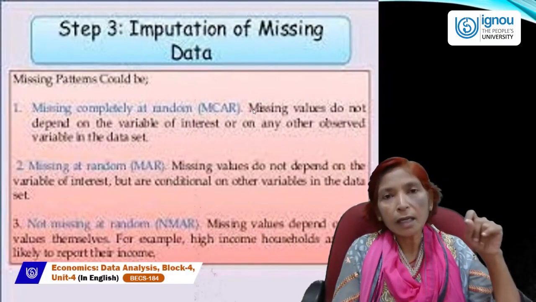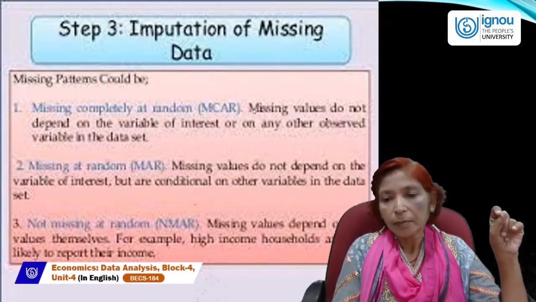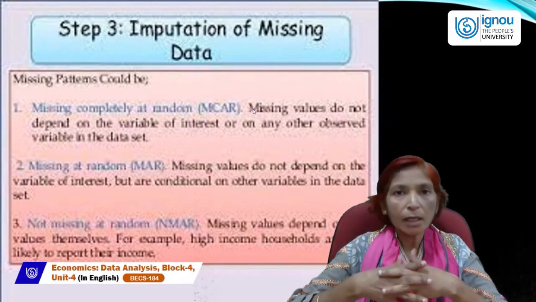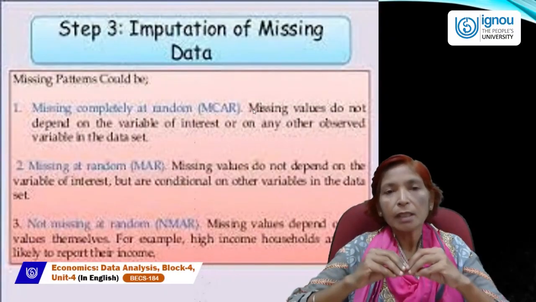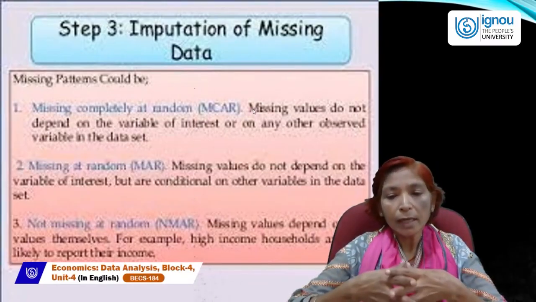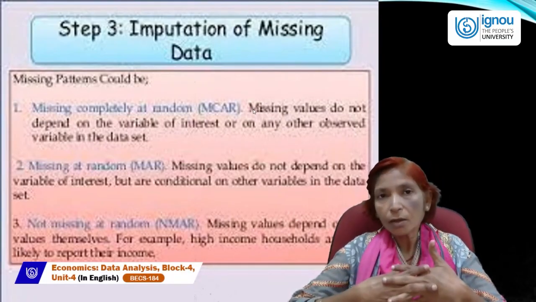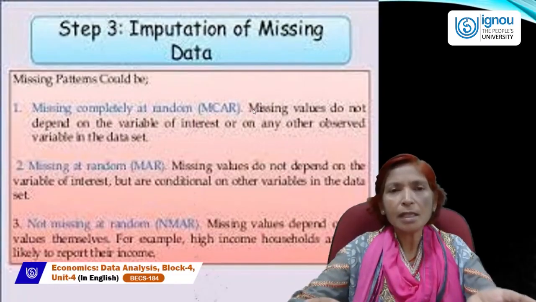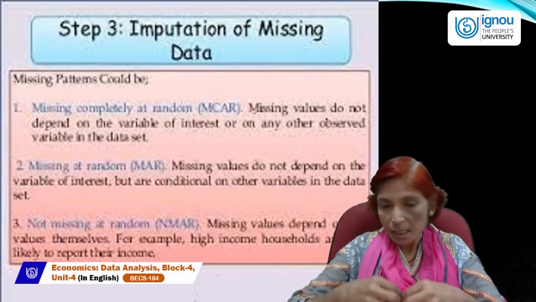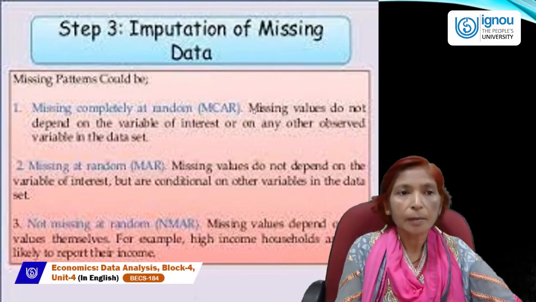For example, high income households are less likely to report their income, because if people are earning too much income, they don't want to tell us about their high level of income. But if the income of a household is low, they will clearly tell about their income.